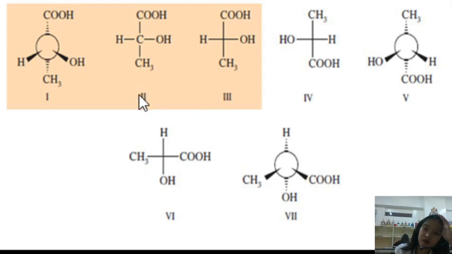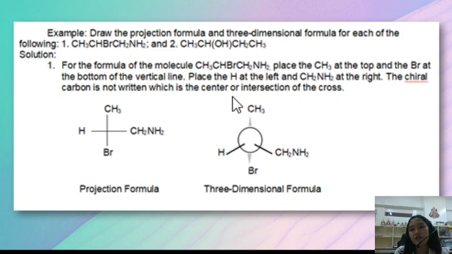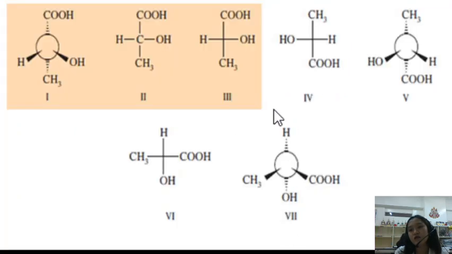Two types of Fischer projection formula. Now, in formula number 4, you rotated formula number 3, you've turned formula number 3 by 180 degrees, forming formula number 4. So, ito na siya.